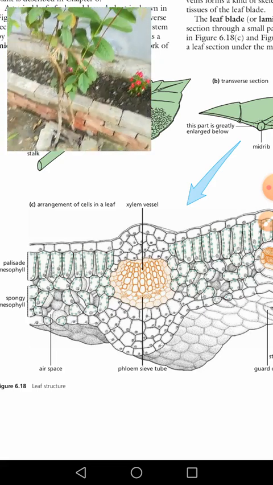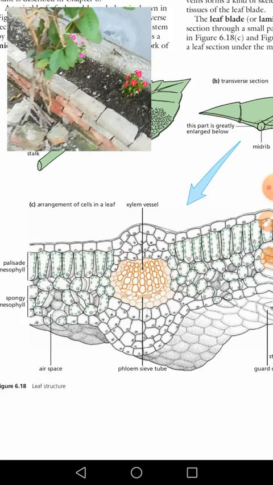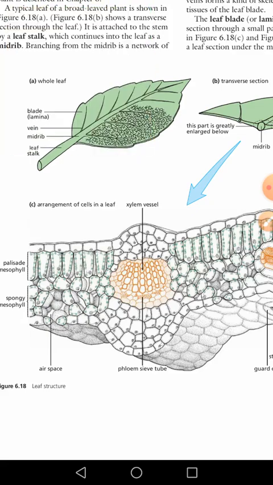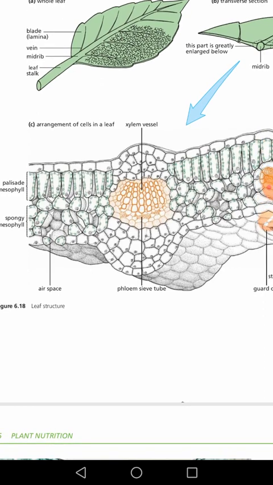Now what is the function of xylem and phloem? The function of xylem is so simple. Let me show you.